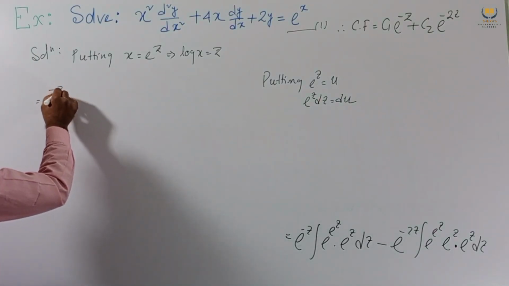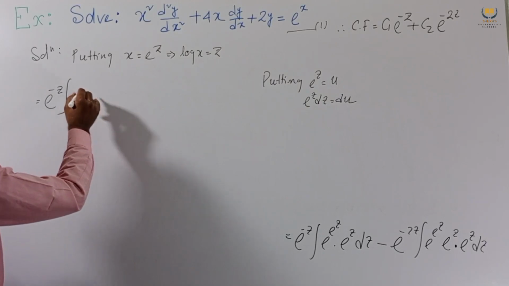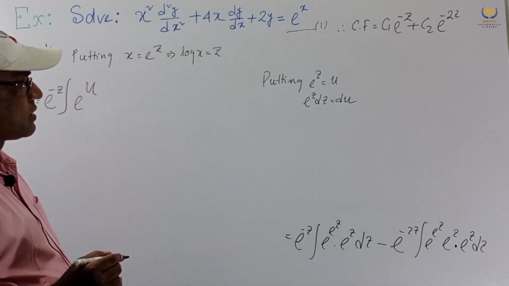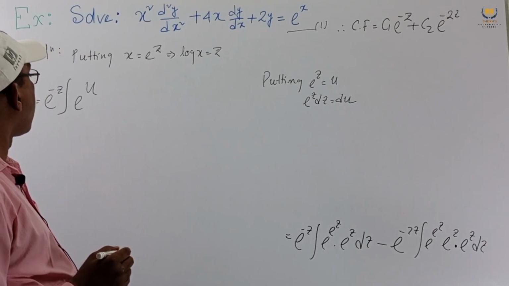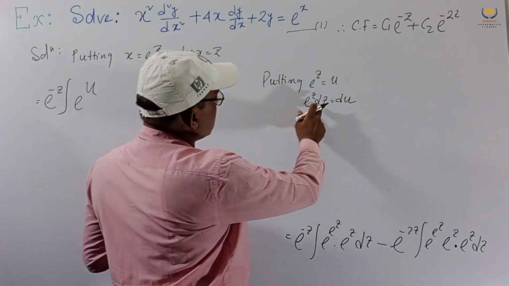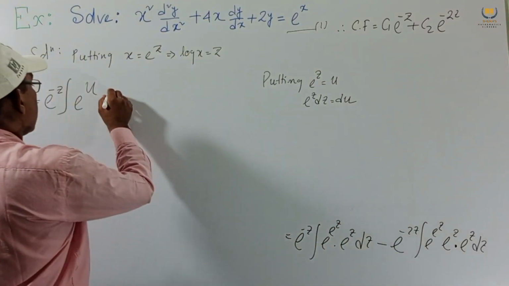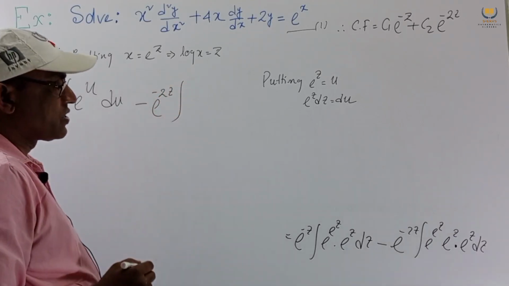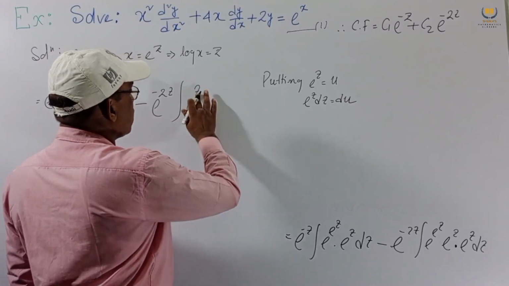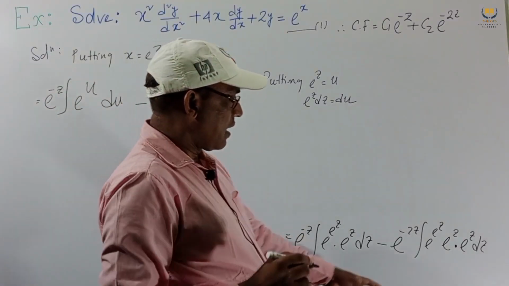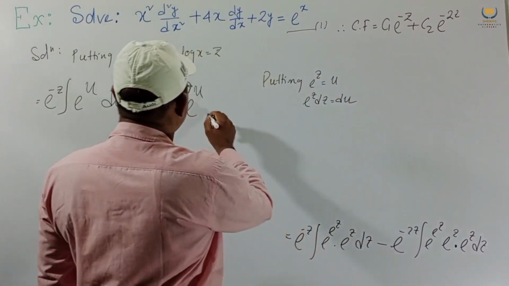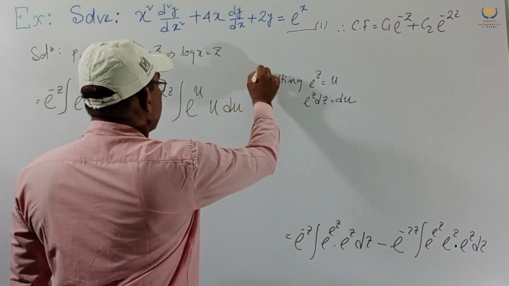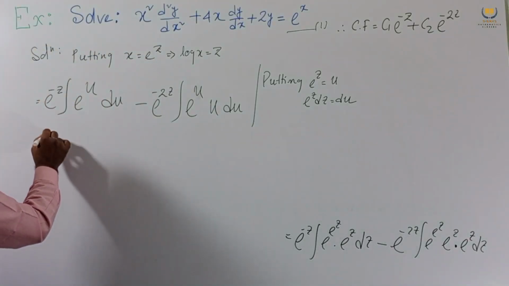This is e^(−z) ∫ e^u du, minus e^(−2z) ∫ u e^u du. And e^(−z) remains same.